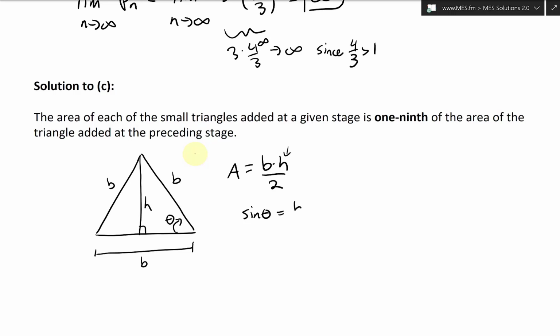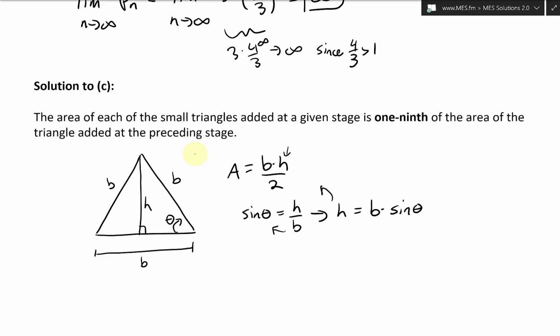That equals H over B, so move it around. H is equal to sine theta times B, B times sine theta.